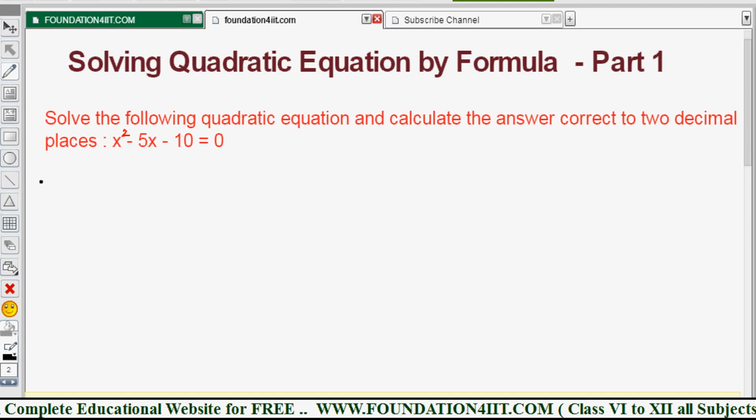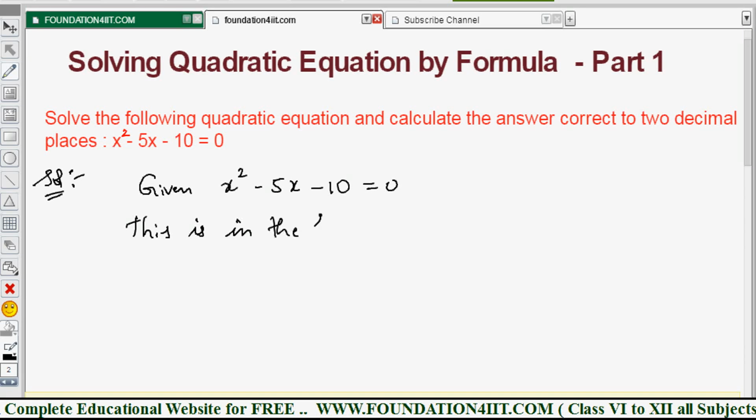Let us continue. The given quadratic equation is x square minus 5x minus 10 is equal to 0. Now this is in the form of the general form ax square plus bx plus c is equal to 0, right?